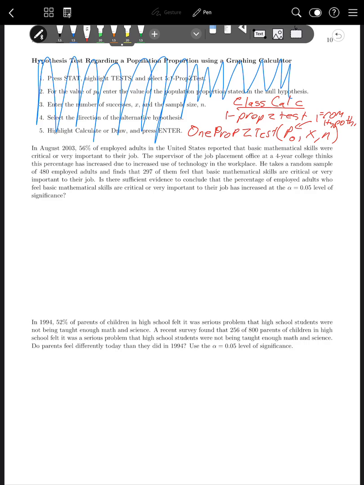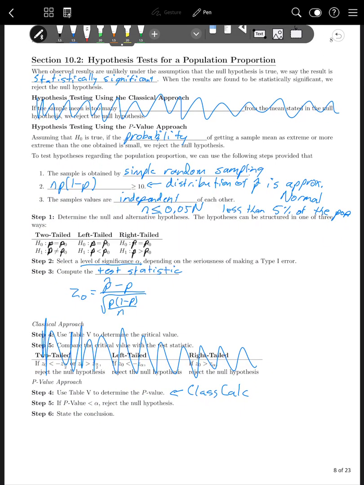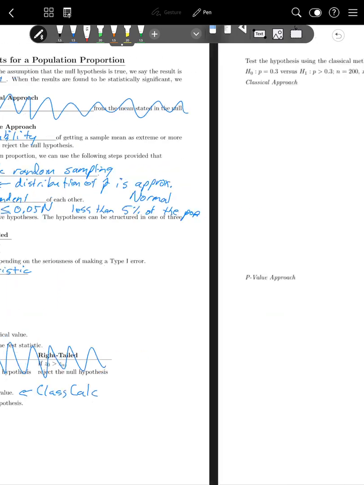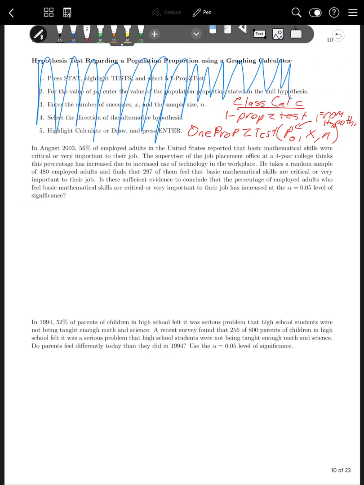Okay, so the first thing you want to do here is check and make sure you can do this. Remember the things that have to be true: you have to get your data from simple random sampling, n times p times 1 minus p has to be greater than or equal to 10, and our sample values have to be independent. So first things first, this did come from a simple random sample, right?